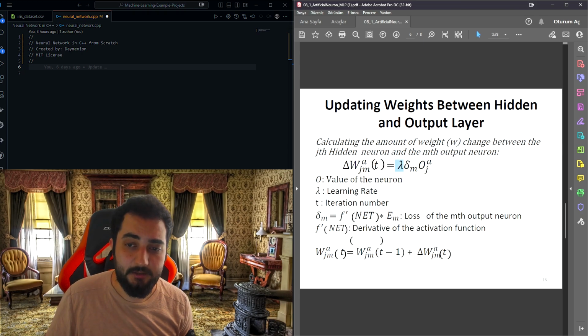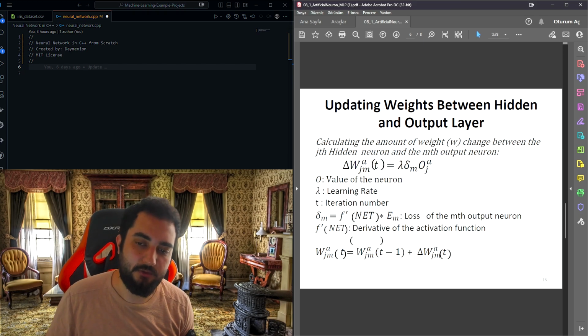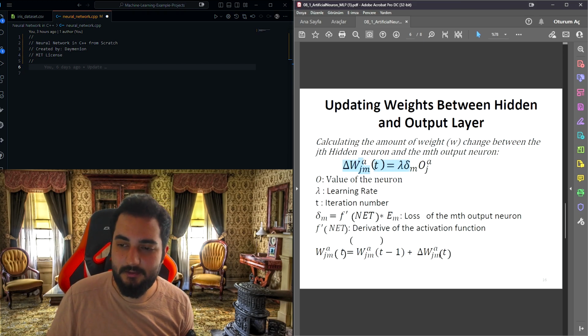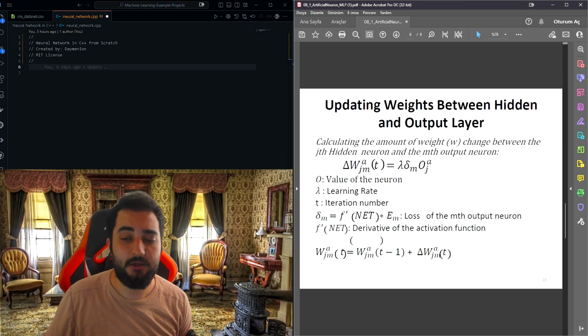This is the learning rate given by the user. This is the value of the neuron. T is the iteration. Why should we use the iteration? Because this is the changing amount. So to find the current weight, this is the loss of the output neuron.